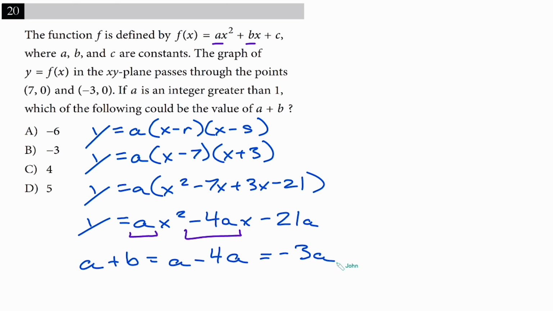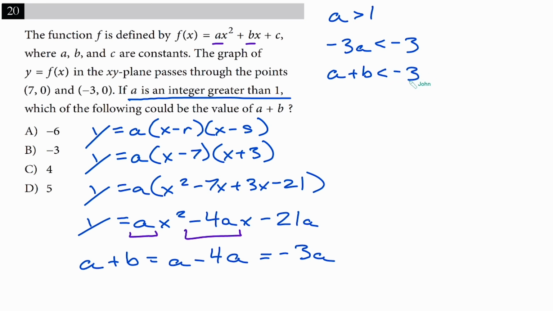Again, that alone wouldn't be enough information if we didn't also have the statement that a is an integer greater than 1. It follows that -3a is less than -3, since we need to flip the inequality when multiplying by a negative. And so a + b is strictly less than -3. The only answer choice that satisfies this inequality is A.